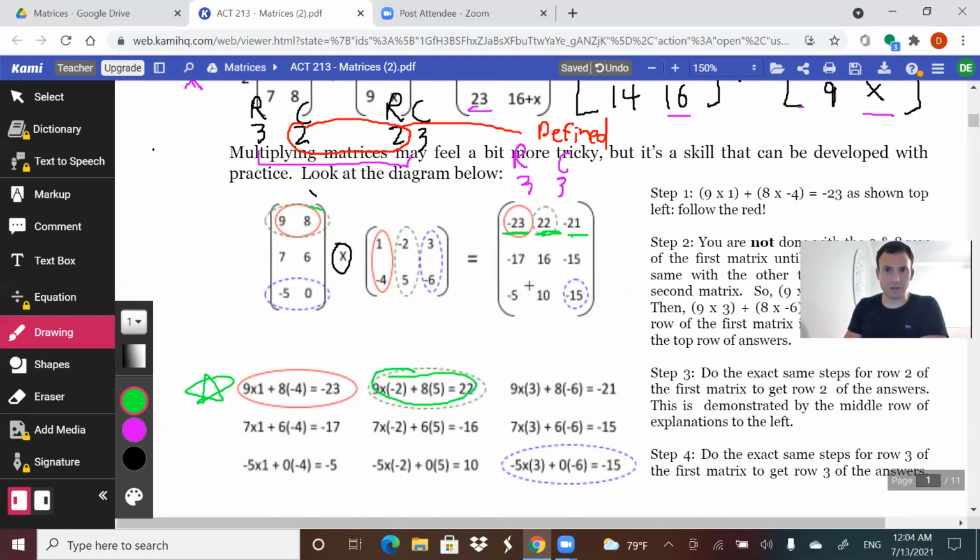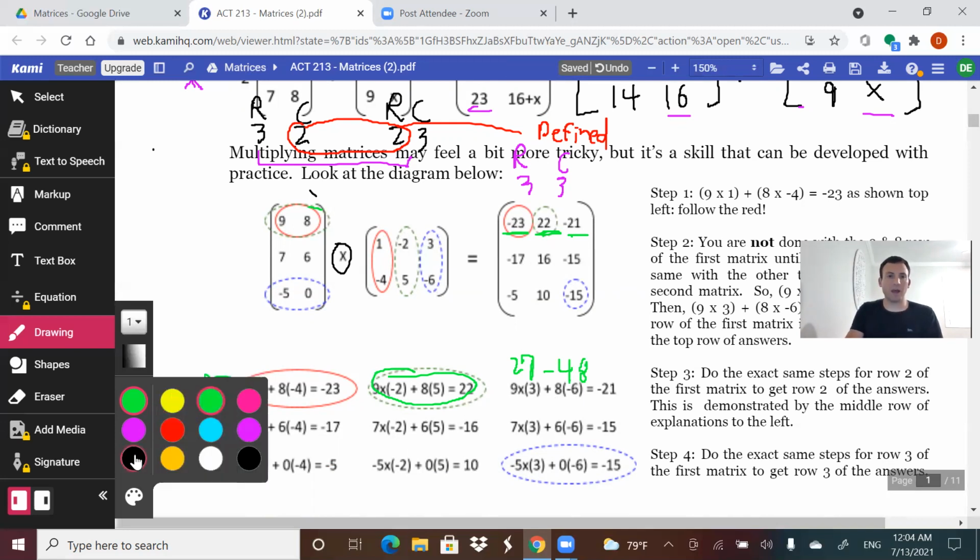Essentially, each one of these is showing you how we got each one of these. All of these match up with their equivalents. Then 9 times 3, 8 times -6, 27, -48. Add those together, right? 27 minus 48 gets us -21.